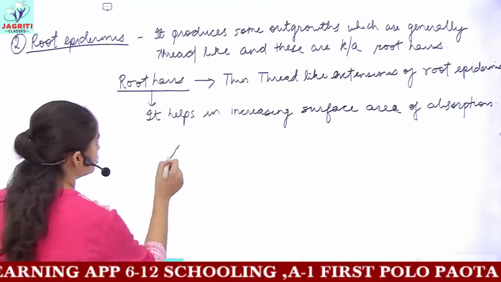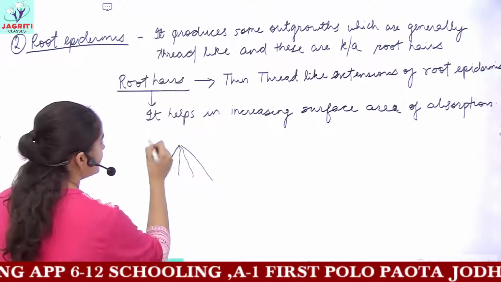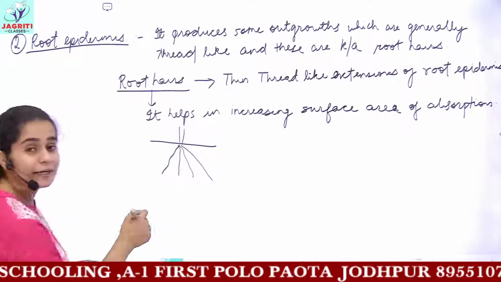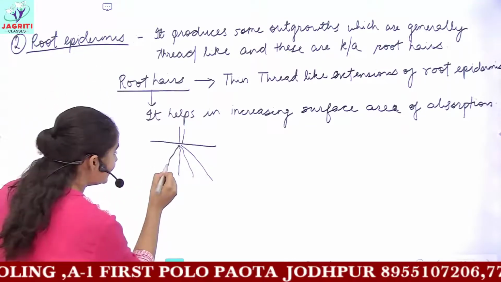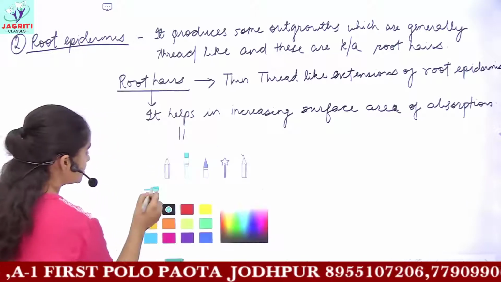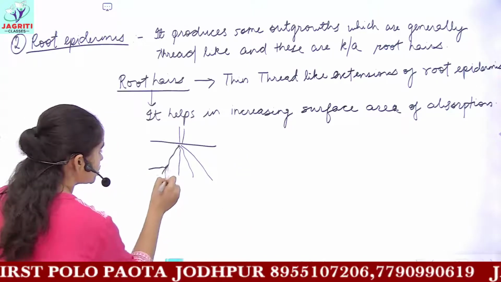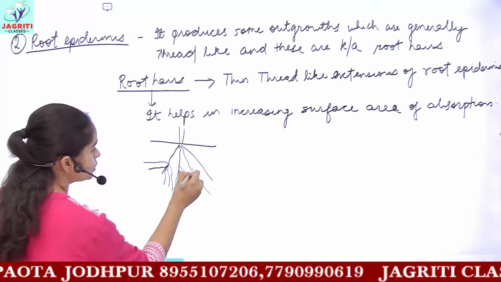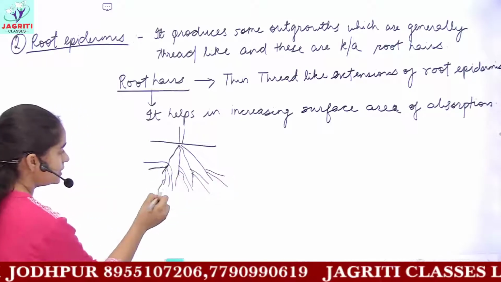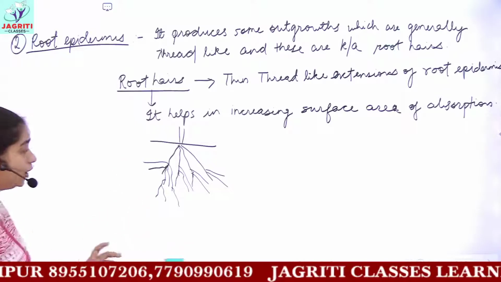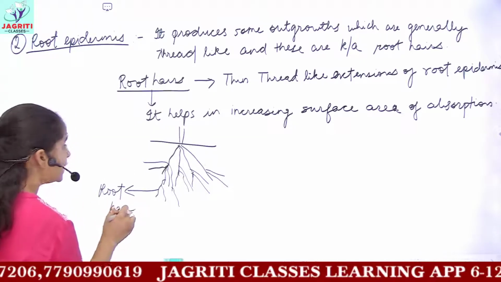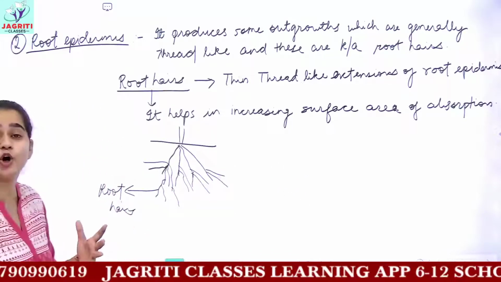That is, you have roots, okay? These are the roots of a plant. And then the external covering, that is the root epidermis, further extends and creates very thin structures which resemble the branches of roots. These very thin structures are called root hairs, and they serve to increase the surface area for absorption.